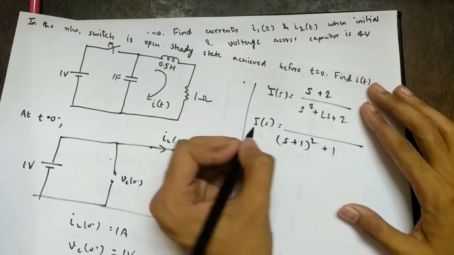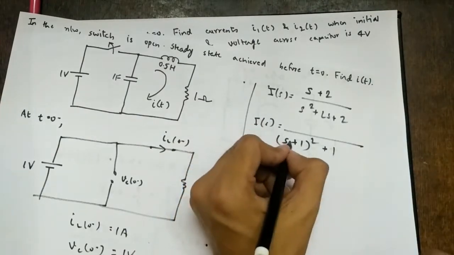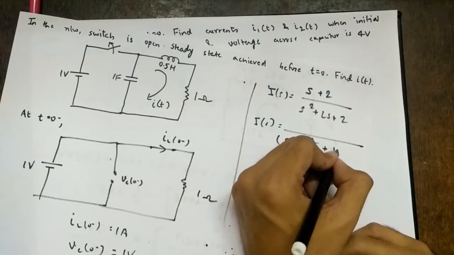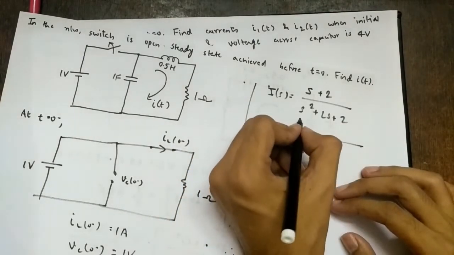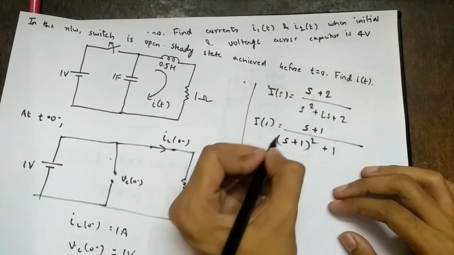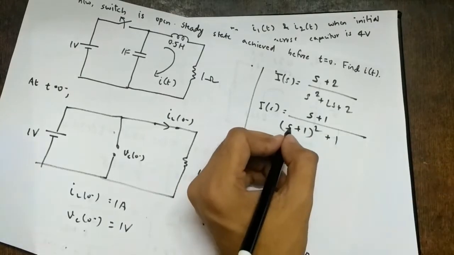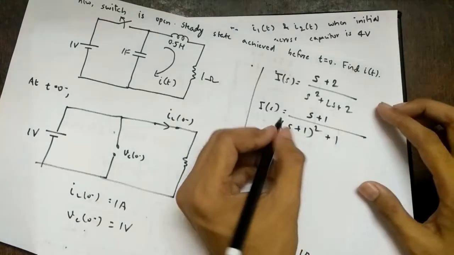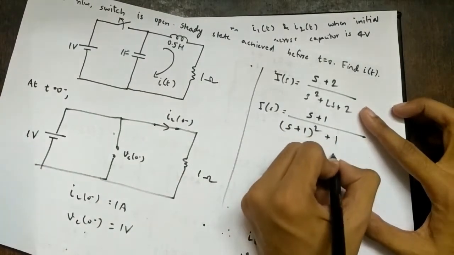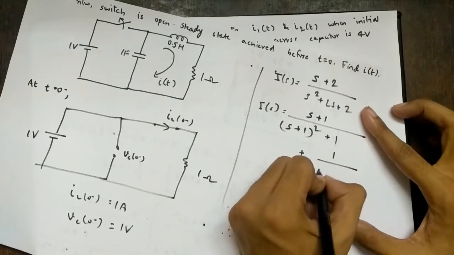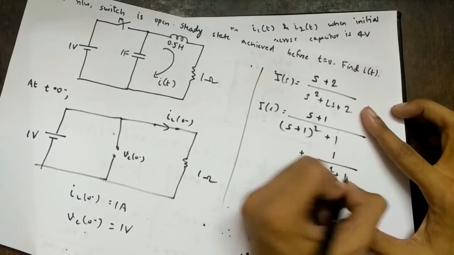So here I'll have to add 1. So this is of the form s plus a the whole square plus omega square. It means I require s plus 1 in the numerator to take the inverse Laplace transform in terms of cos. So I'll have to add 1 separately: s plus 1 whole square plus 1, plus 1.